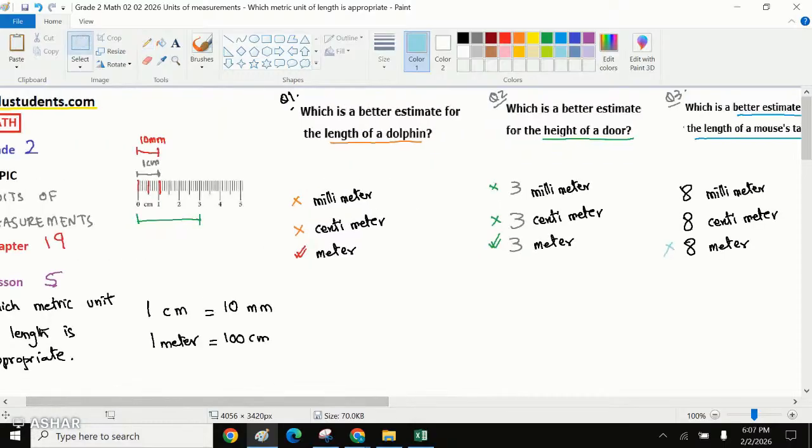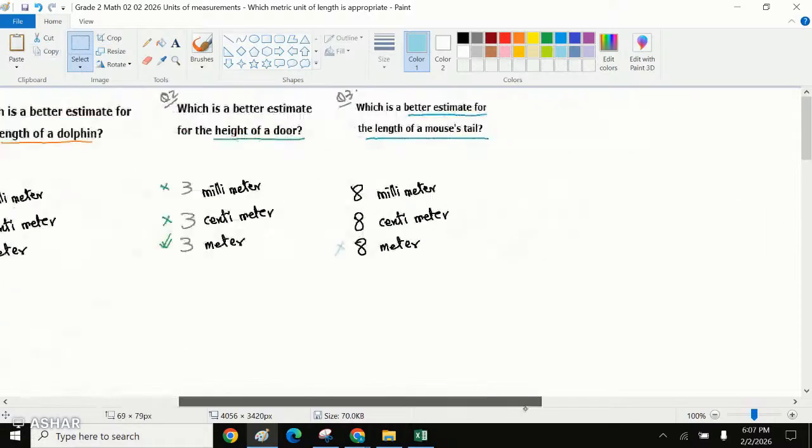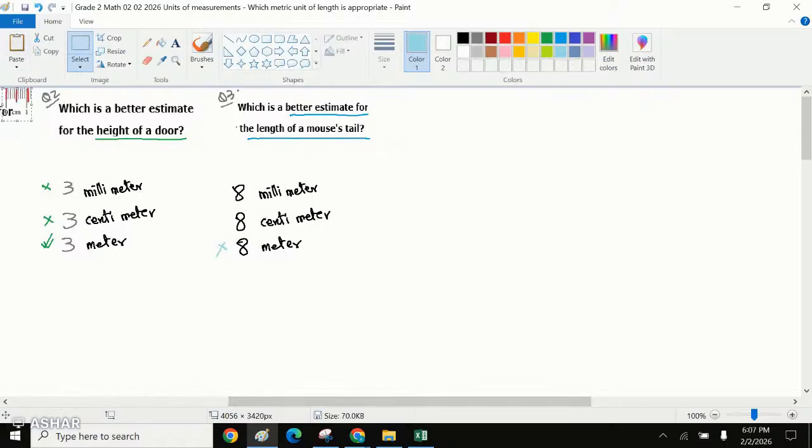I'll show you the length, that is 8 millimeter. Is the length of the mouse tail this big, or is it bigger than that? This. The mouse has a very long tail, right?